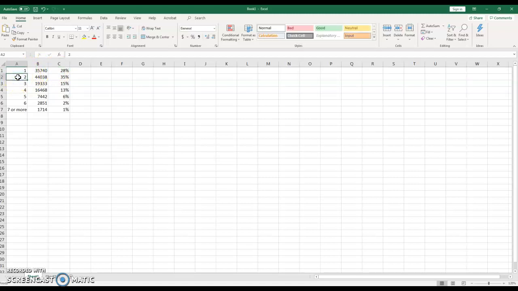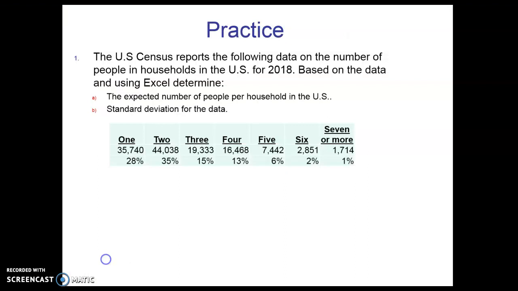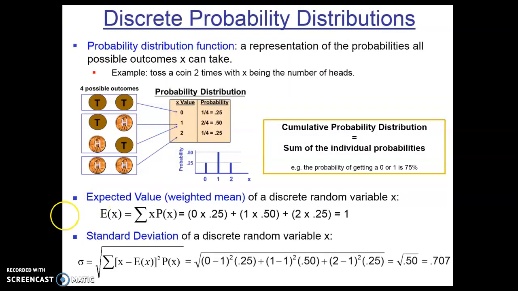There's households that have 2 people in them, and there's a 35% probability of that occurring. So if you go back to our formula, you'll recall that in order to get the expected value, we just take each of our discrete values, x values, and multiply it by the probability, and then sum those up.